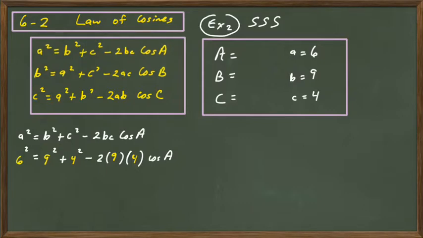I end up with 36 equals 81 plus 16 minus 8 times 9, 72. And then I take 36. What is 81 plus 16? 97 minus 72 cosine of angle A.